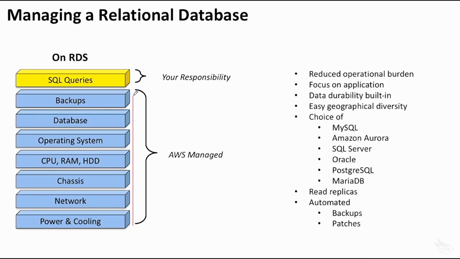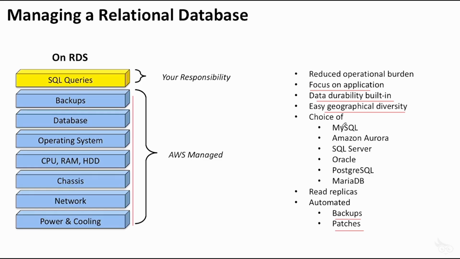Backups are also automated. That allows us to continue to focus on our application. Data durability is built in. We have very easy ways of ensuring that our data is replicated, ensuring that our data is backed up. So we have automated backups and automated patches. Because we can copy snapshots across regions very easily, we can achieve geographical diversity in our data very easily.